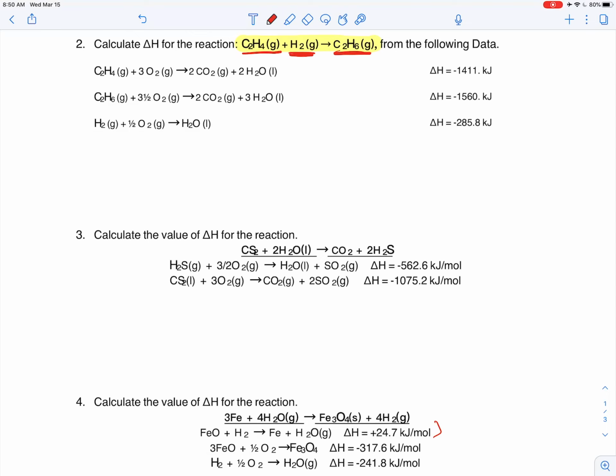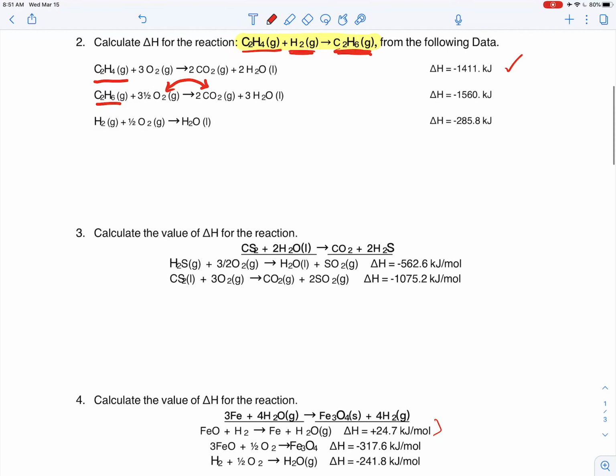So here, we'll just follow those same steps that we did. So C2H4, I see over here, it is on the correct side and the correct number, so I don't need to change that first equation. Here I have C2H6, we've got C2H6 here, but it's on the wrong side. So what we want to do is flip this equation around.